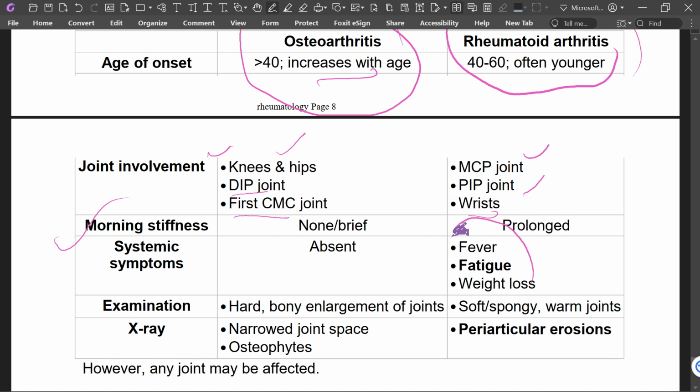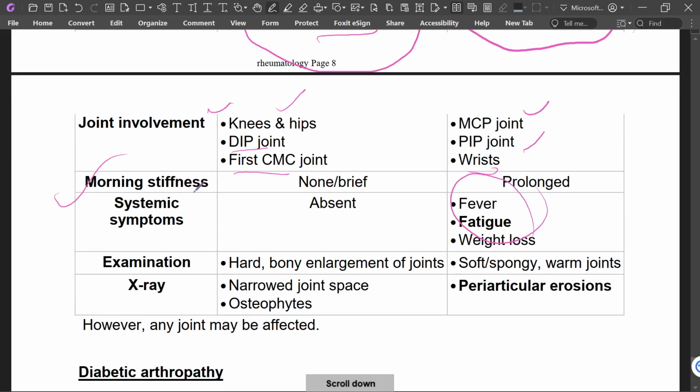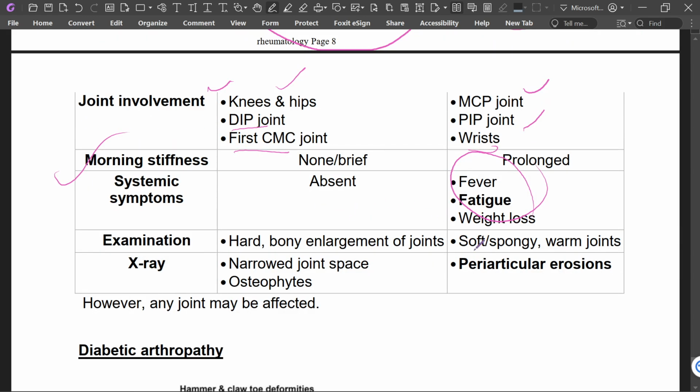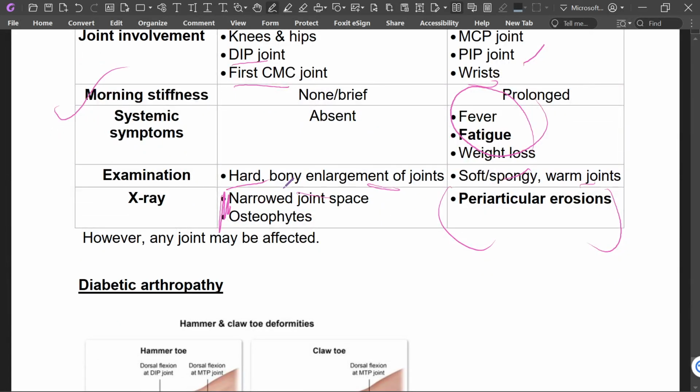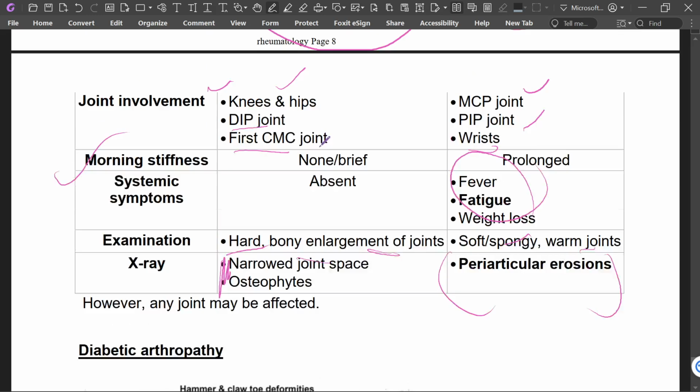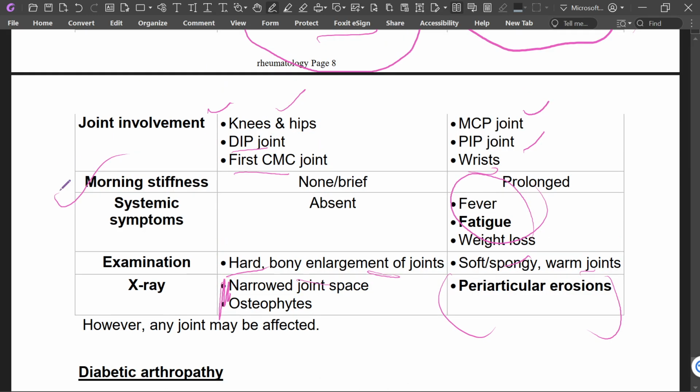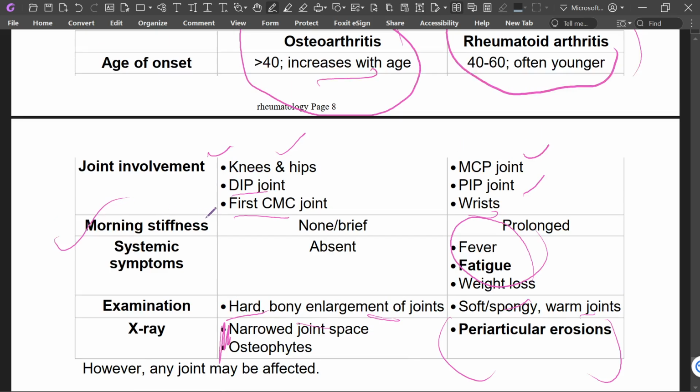On examination, there is a soft, spongy, warm joint in rheumatoid, but hard, bony enlargement of the joint in osteoarthritis. On X-ray, narrow joint space and osteophyte are seen in osteoarthritis, and periarticular erosion is seen in rheumatoid arthritis.